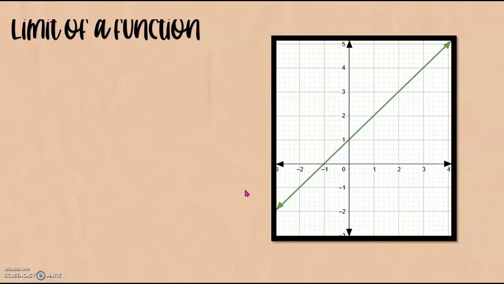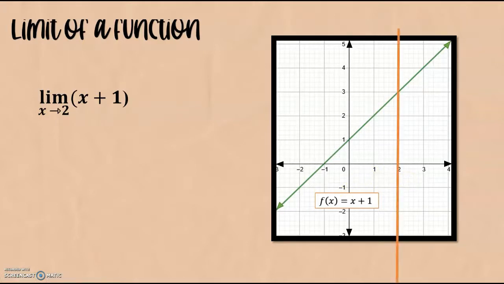Now let's find the limit using the graph of the function. Here we have the graph of f of x is equal to x plus 1. Now, we are going to find the limit of x plus 1 as x approaches 2. First, we will have to locate where x equals 2. So that is x equals 2.